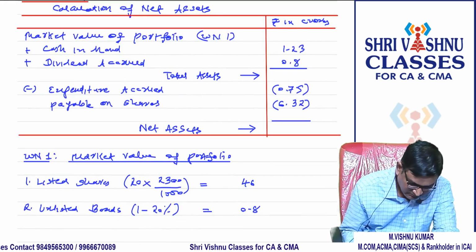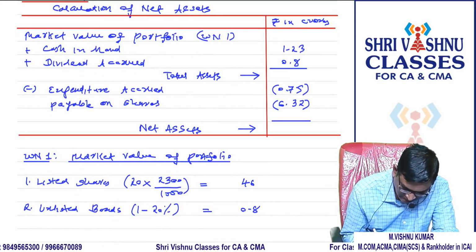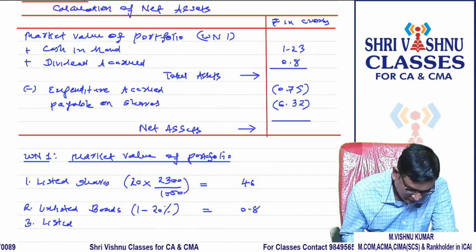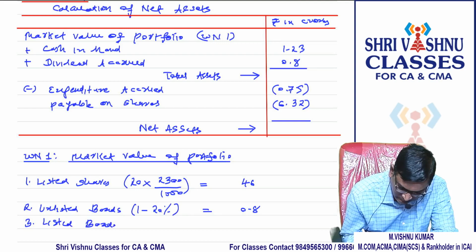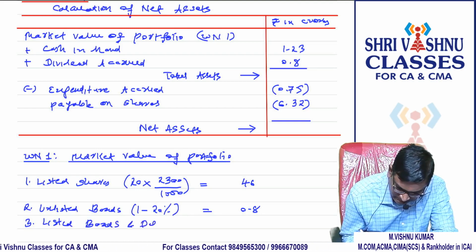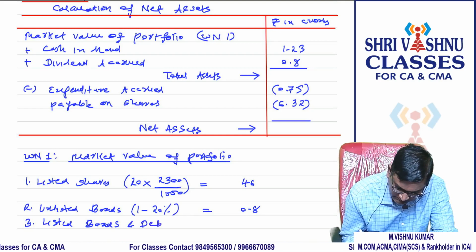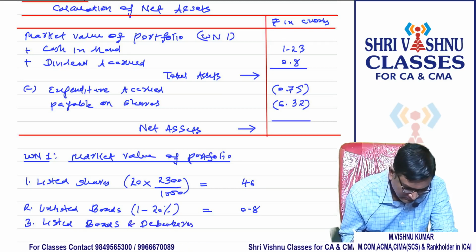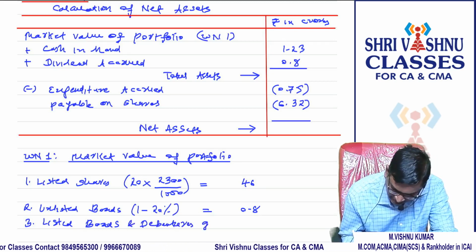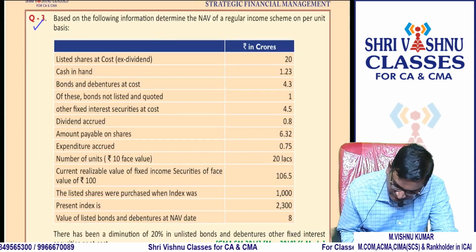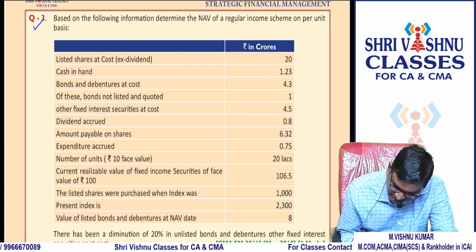Next, listed bonds and debentures. This is already given. Okay, 8.